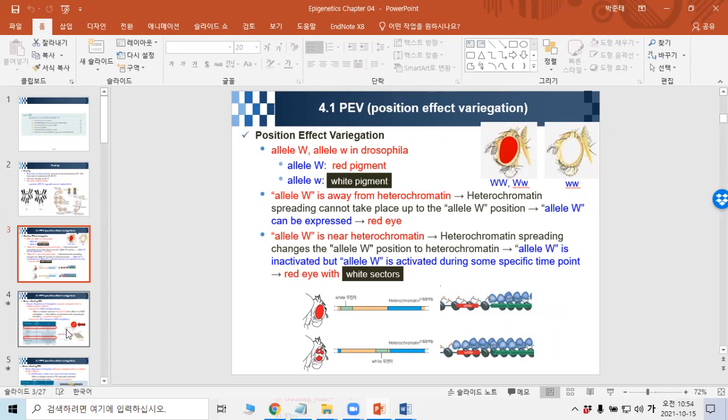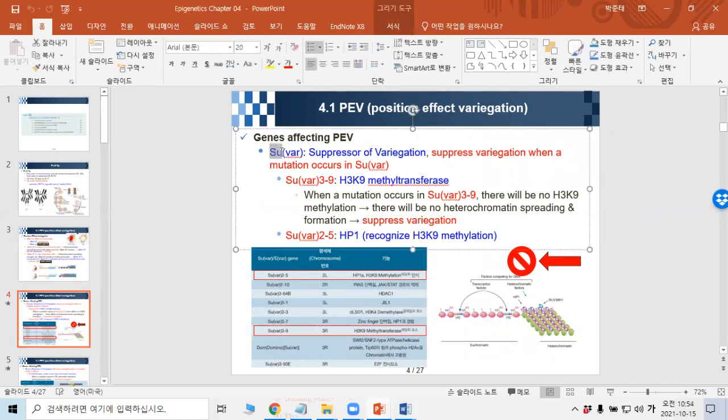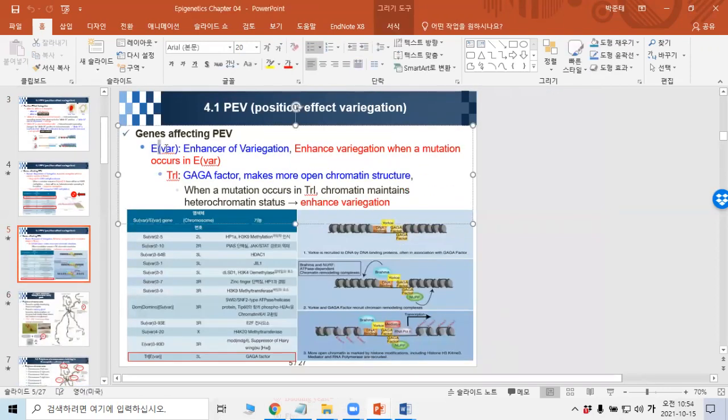Now we cover the genes affecting PEV. The first one is Su(var). Another one is E(var).